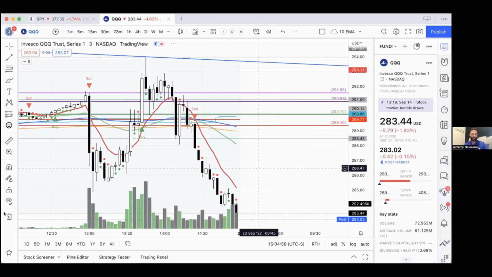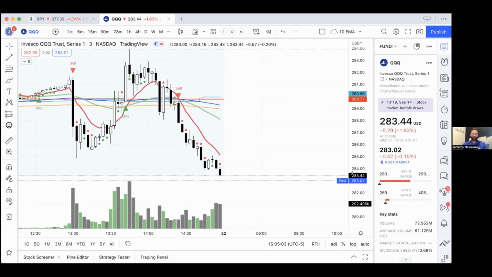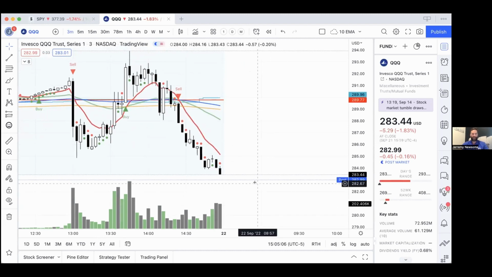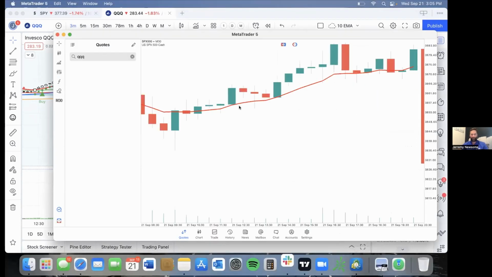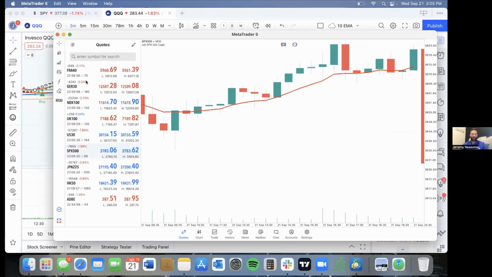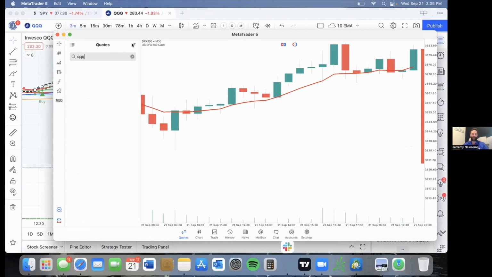I think you might have to share your entire screen so that we'll be able to see MetaTrader, because right now I think you might just be sharing your Google Chrome. So go back to share screen. Is that better? There we go. Perfect. What do you put in MetaTrader? Do the Qs. Or the NDX, sorry, NDX, my bad.